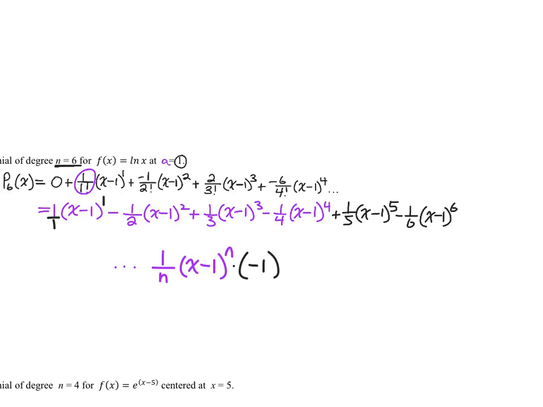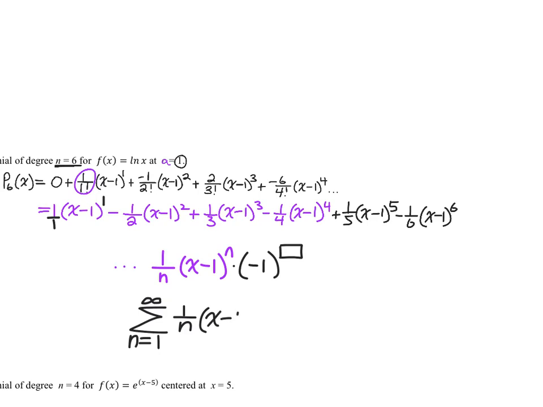So if you're going through the process of thinking, okay, it's going to be a summation, so we're just building it here. I just don't know what the power is. It's going to be a summation, if I want all of them, going from n equals 1 to infinity. We have the 1 over n.